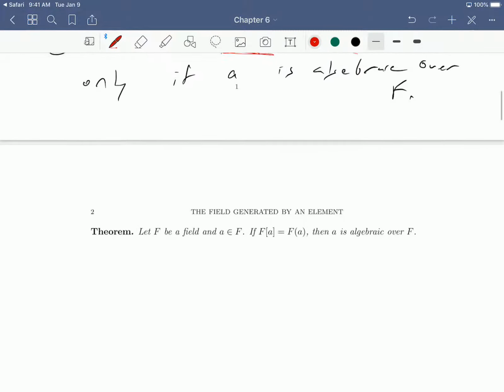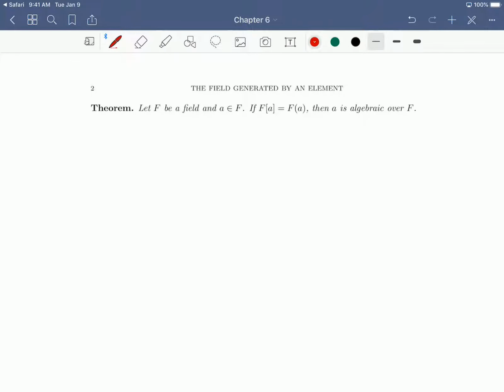Turns out that one direction is pretty easy and the other one is going to be harder. So here's the easy direction. If the ring is already a field, then A is algebraic over F, and we can prove this pretty easily. So here is our proof.